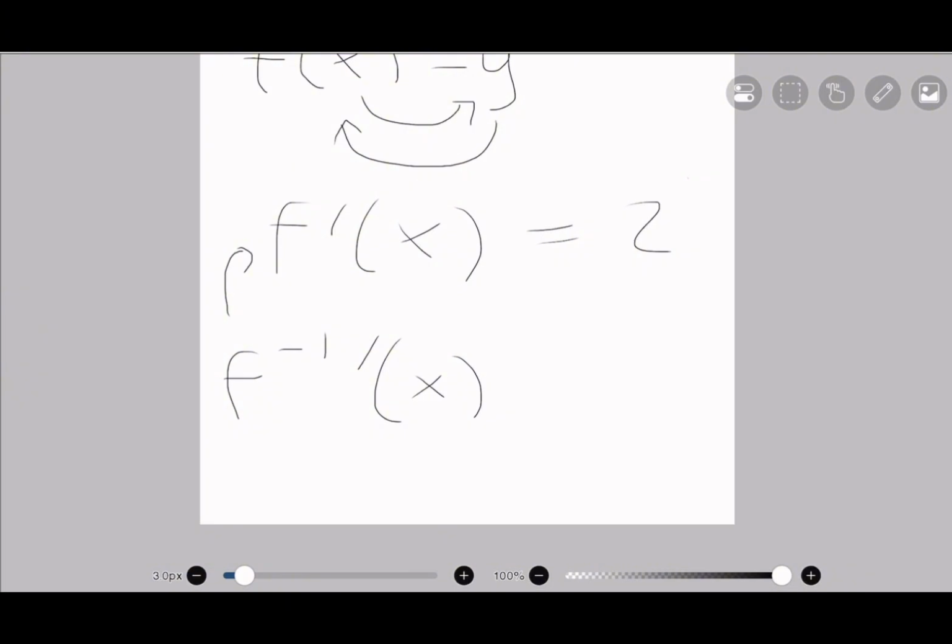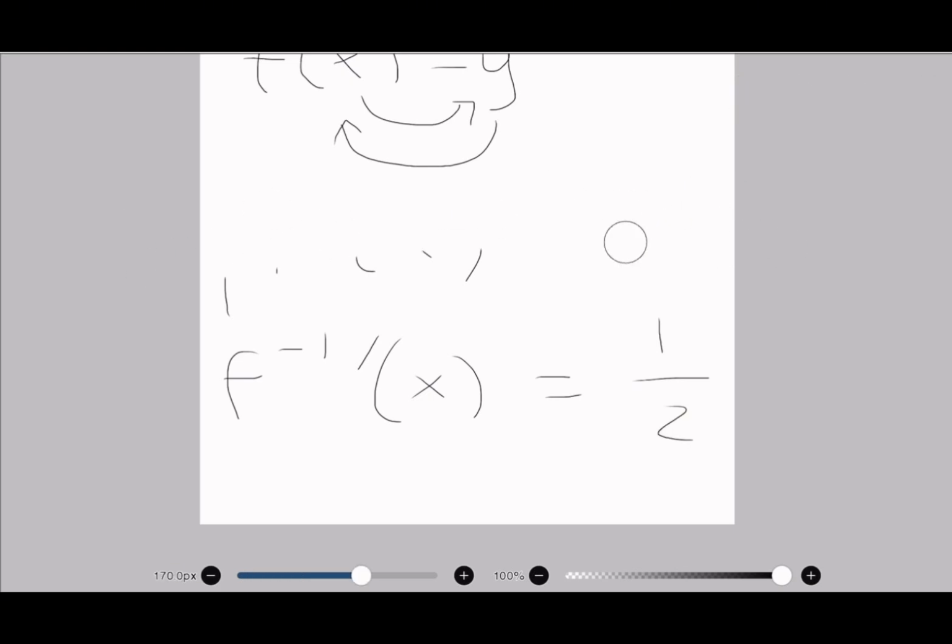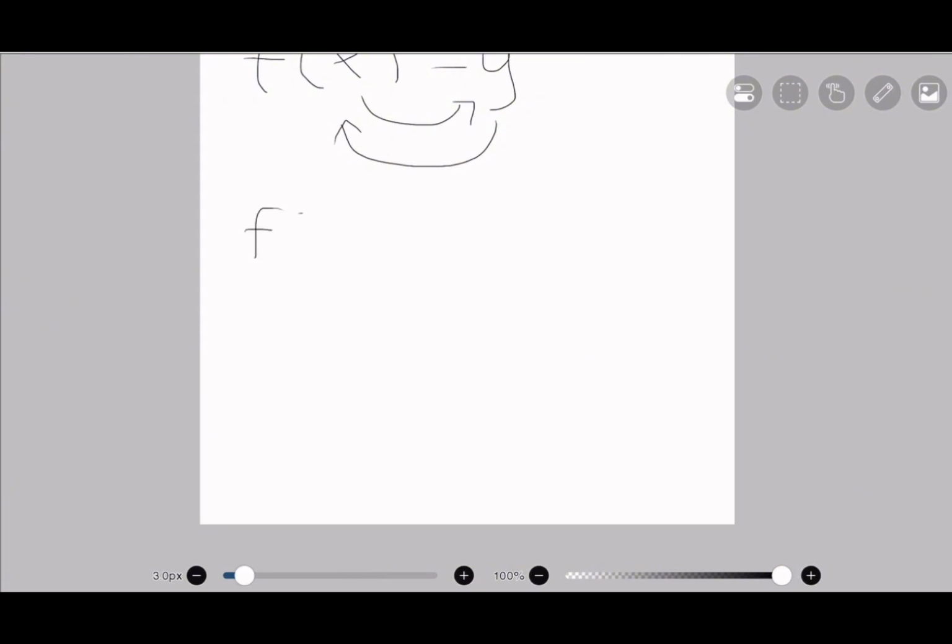So that would make it 1 over 2. And going back to the equation, which is the derivative of f negative 1 of x equals 1 over f prime of f negative 1 of x. This is basically telling you that reciprocal.